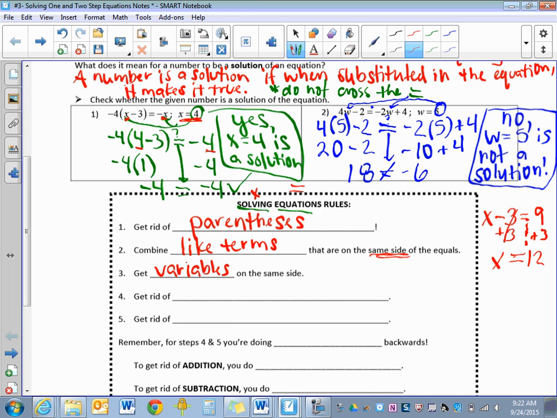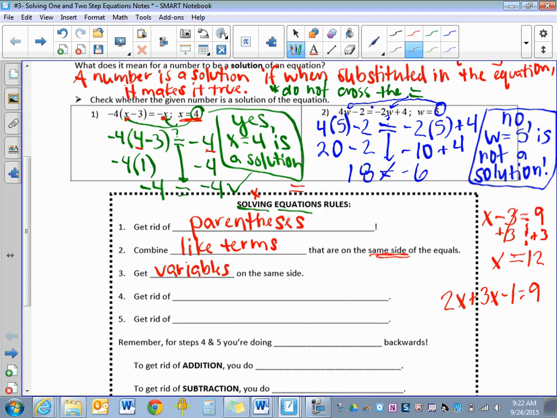But when we are simplifying on a single side, so let's say, for example, I have 2x plus 3x minus 1 is equal to 9. When I am simplifying, combining like terms, then I don't do the opposite operation. I just combine like terms.